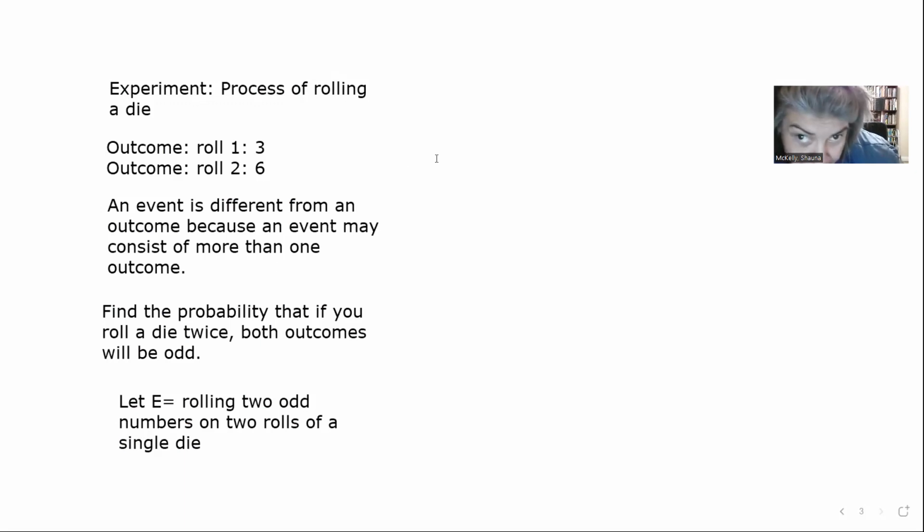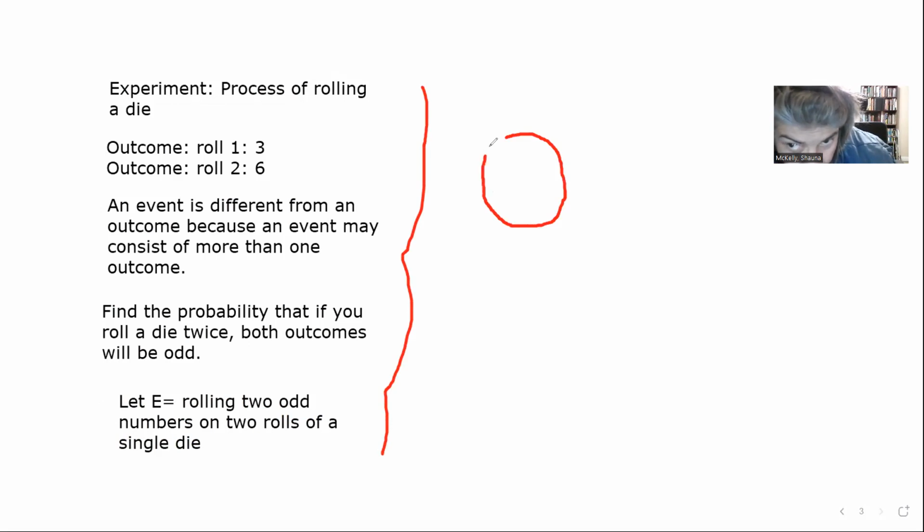Another way to get an event that you'll see in this section is something like this. You'll have something like a spinner, or a circle, right? You'll use the spinner. I'm not going to actually do this, I'm just going to kind of dramatize this.